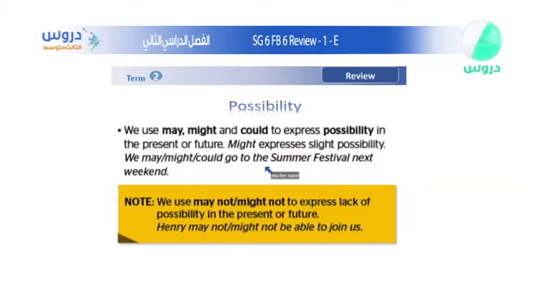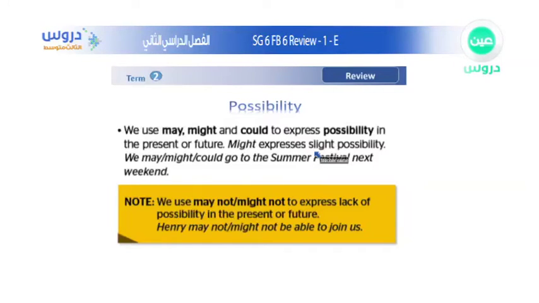Al-Qudra. Okay? Might expresses slight possibility. Now, this is something extra. So we use may, might, could for present or future. Might expresses slight possibility. Do you know the meaning of the word slight?